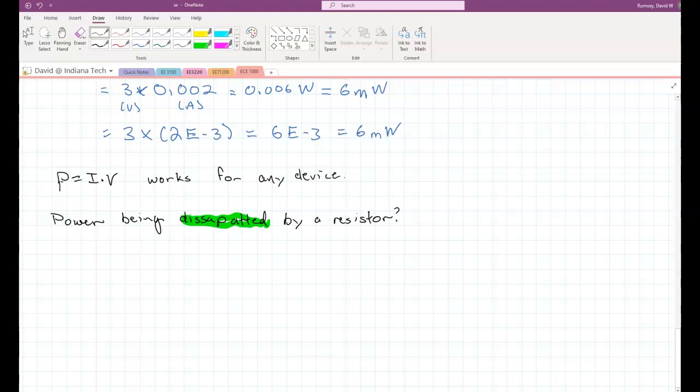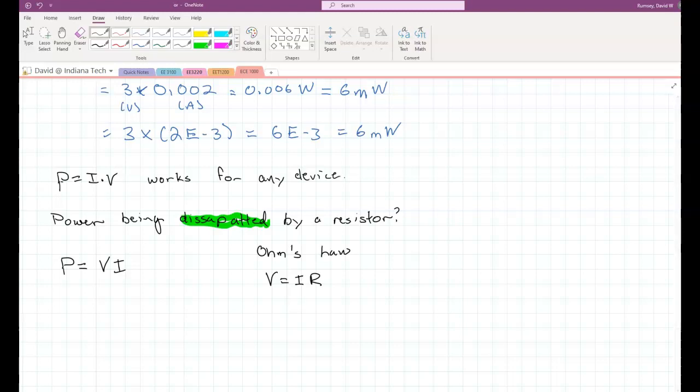So power being dissipated by a resistor. Well, I'm going to go back here and write the equations we have so far. We have power is equal to voltage times current, and I know I switched it again here. But then we also have Ohm's law, which we talked about in the previous video, which is voltage is equal to current times resistance.